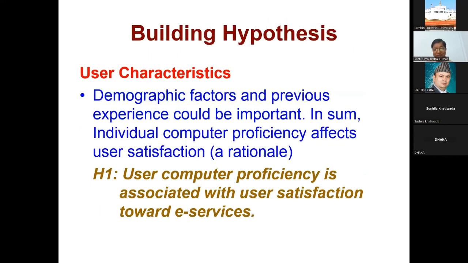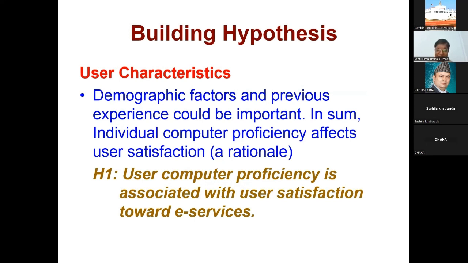How can this hypothesis be built up, and what are the characteristics of building the hypothesis? User characteristics, demographic factors and previous experience could be important. In some individuals, computer proficiency affects user satisfaction.